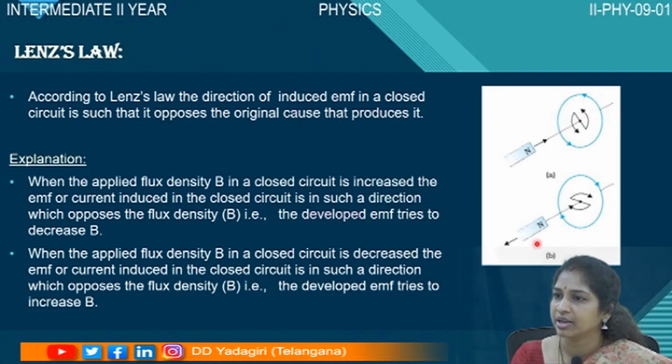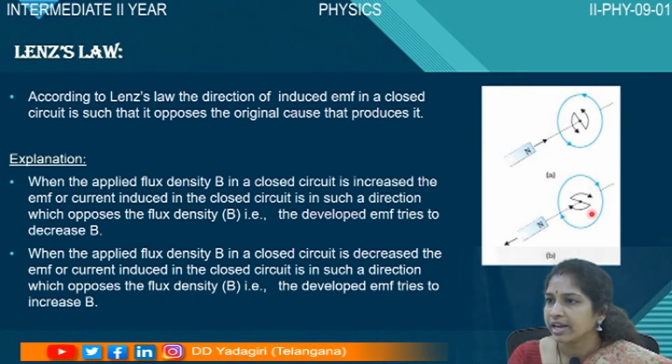Similarly, here you can see, when the magnet is moving away from the coil, we can say the number of magnetic field lines cutting across the coil are decreasing. So there is a decrease in the magnetic flux. When there is a decrease in the magnetic flux, according to Faraday's law, EMF is induced in the coil and it further produces current.